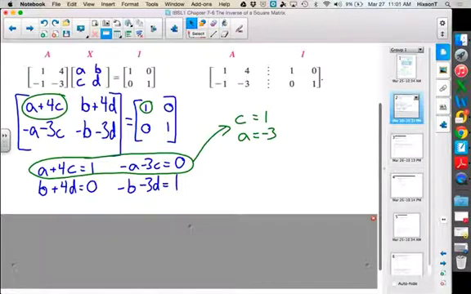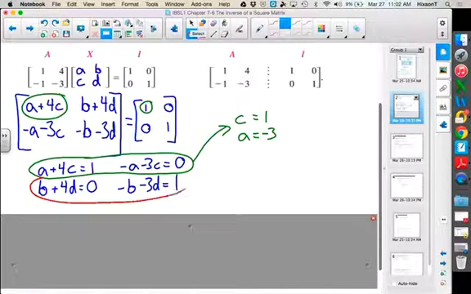Okay? And then we can do the same thing with B and D. Okay? Again, this sets up nicely. Even if it didn't set up nicely, we could solve the system of equations. But what do we get on this one? D equals 1.